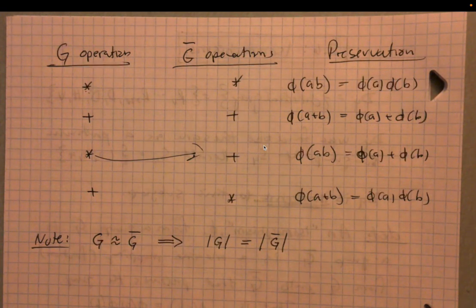The isomorphism is 1-to-1, so every element maps to a single element, and it's onto, so every element in G bar is mapped onto. So that implies that G and G bar have to have the same order. All right, so just something to note.